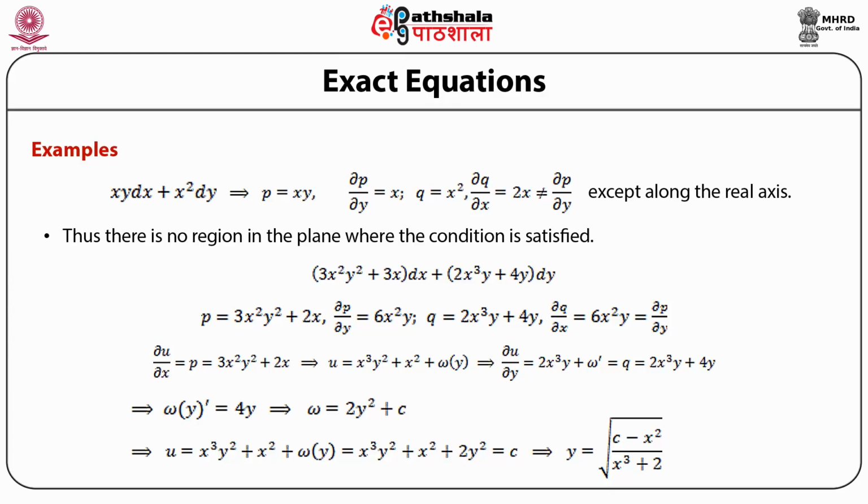So to find the primitive, ∂u/∂x is equal to p is equal to 3x²y² plus 2x. On integrating the equation, we obtain u is equal to x³y² plus x² plus w(y). ∂u/∂y is equal to 2x³y plus w'(y) is equal to q equal to 2x³y plus 4y.